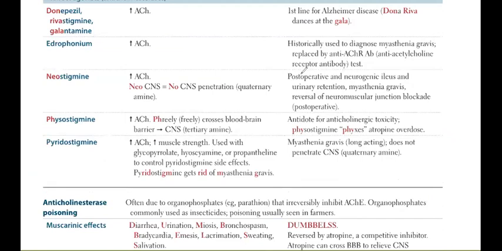Okay, now its therapeutic use is post-operative and neurogenic ileus. I told you yesterday what is neurogenic ileus, that post-operative also and neurogenic also.